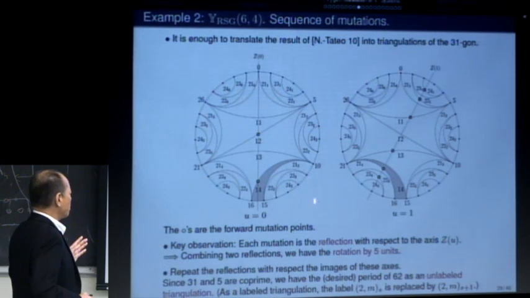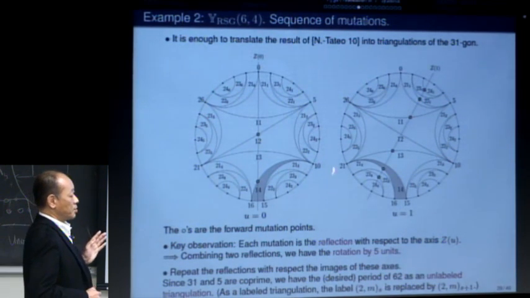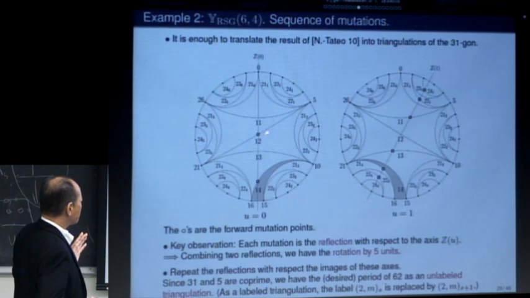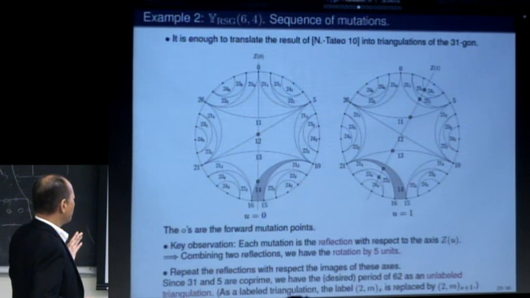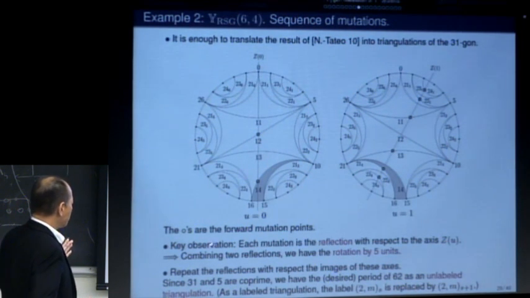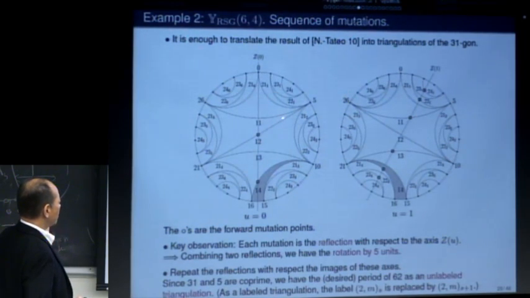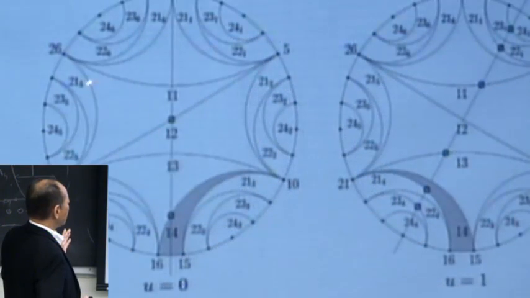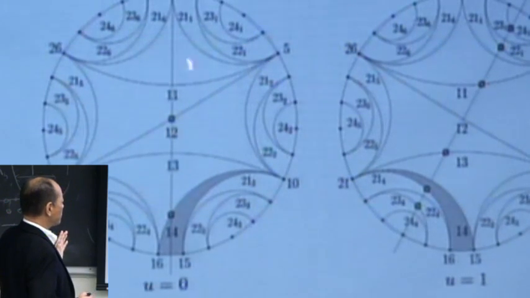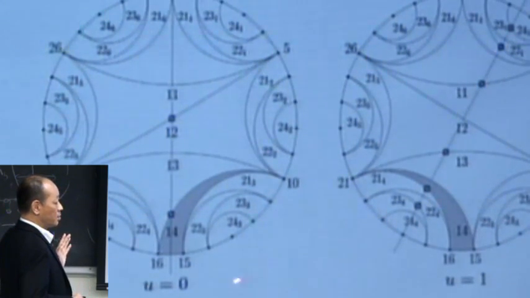So this is the initial triangulation, and this is the forward mutation point. The key observation is the following. If you make a mutation for these 2 points, this one is flipped, this one is flipped. Others are stable. But as a result, we have a reflection with respect to this one.